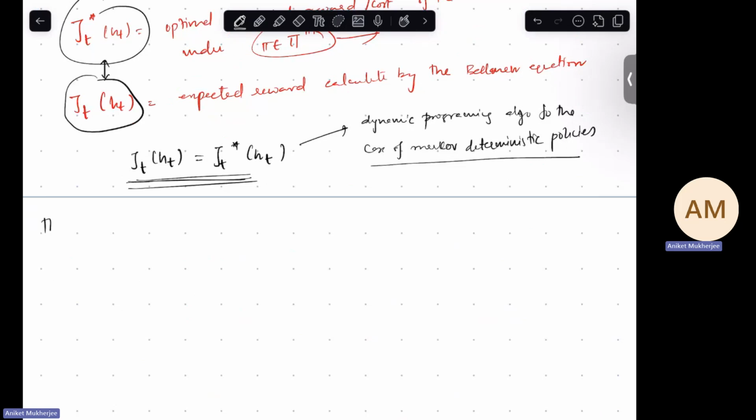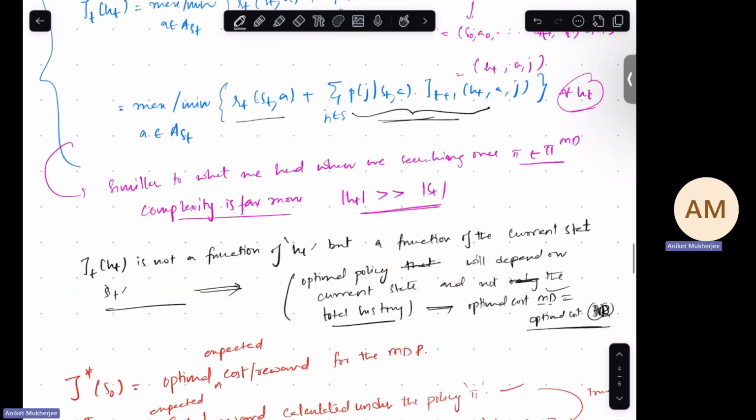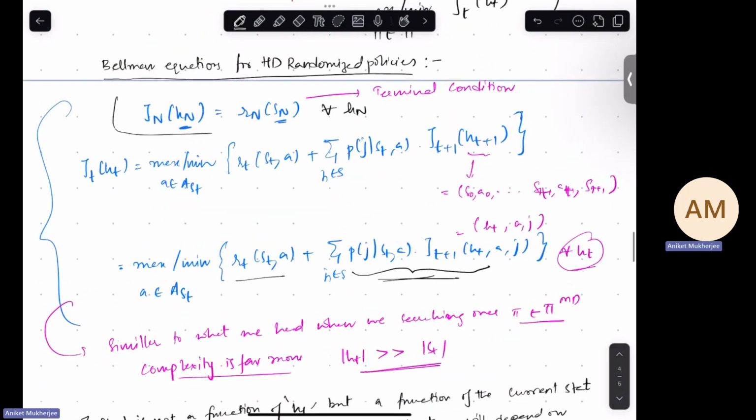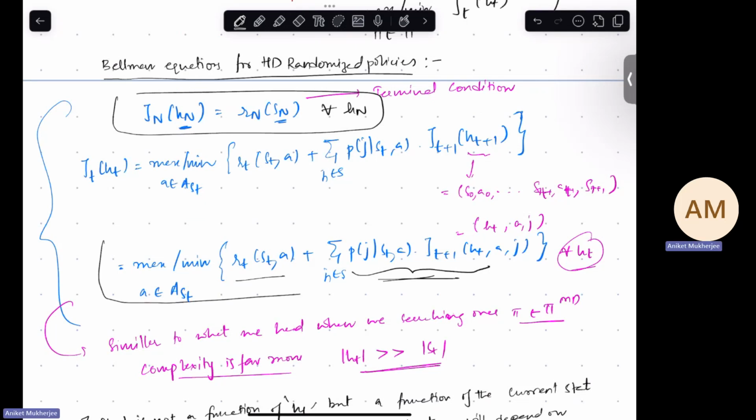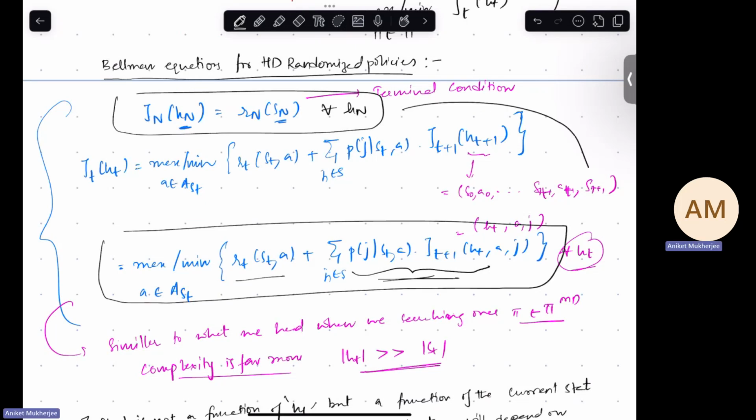Okay, you show it by induction. So I'll just write down the theorem. We'll not go into the proof today. So the theorem is, suppose JT for T equal to 0 to N solve 1. Here 1 is these two equations, so these two together is your 1.